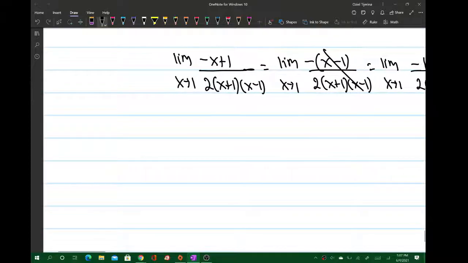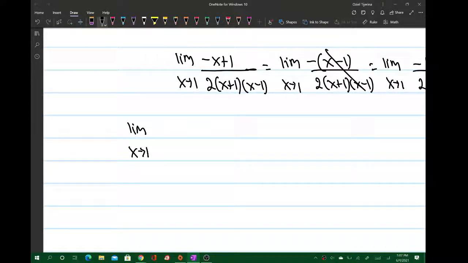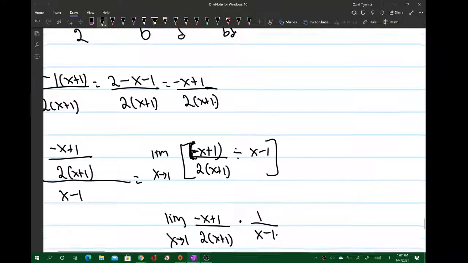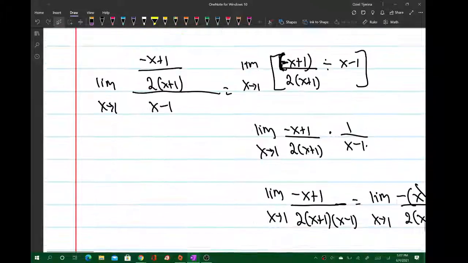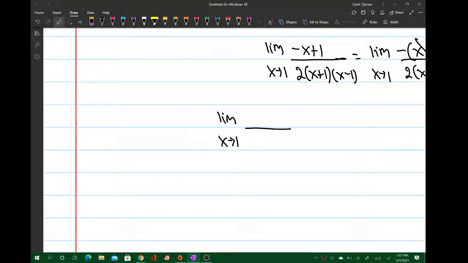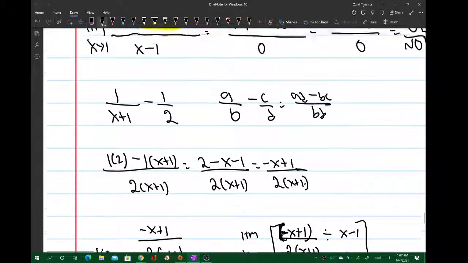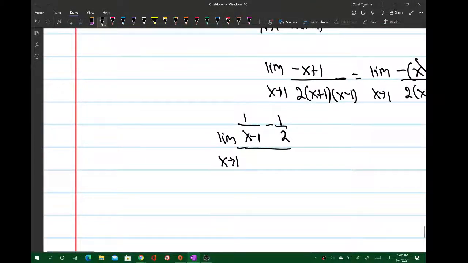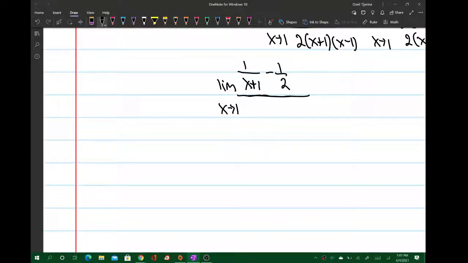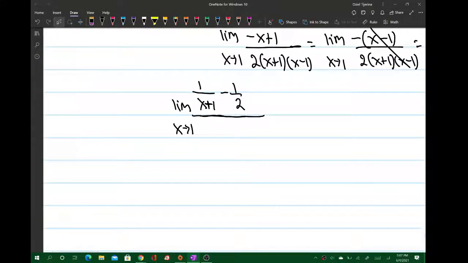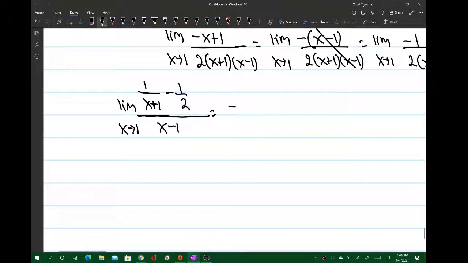So therefore, the limit as x approaches 1 of 1 over x plus 1 minus 1/2 over x minus 1 is going to be negative 1/4.